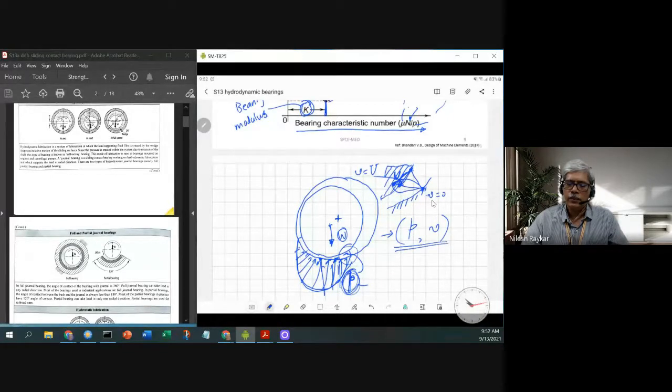So the final form of the differential equation is a relation between pressure and theta, or what the equation refers to as the x direction. So x direction is the circumferential direction. With respect to x, P as a function of x is what we are trying to establish, and that is what Reynolds did.